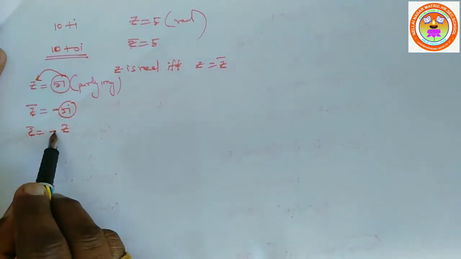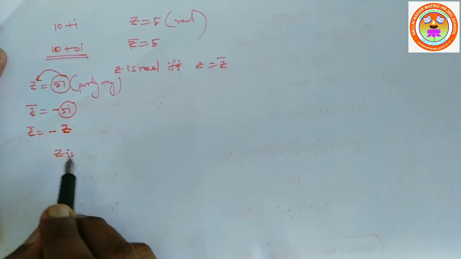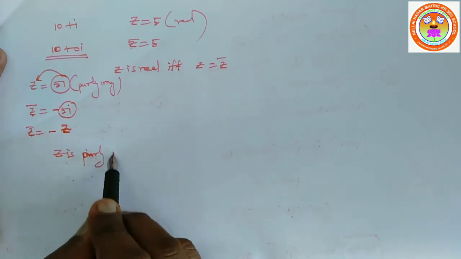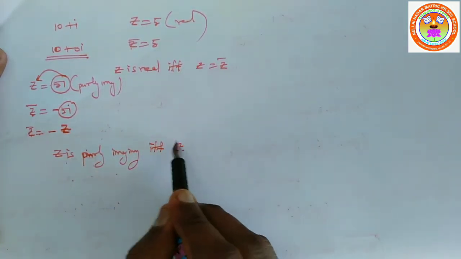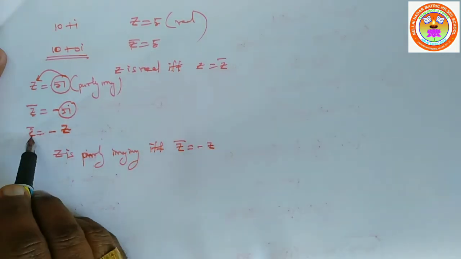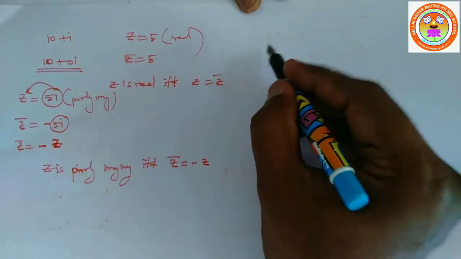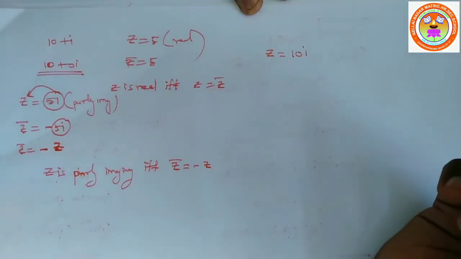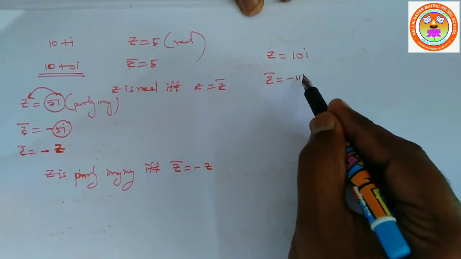Z bar is equal to minus Z. So how can I write? Z is purely imaginary if and only if Z bar is equal to minus Z. I can give you one more example also. Z is equal to 10i. What will be Z bar? Minus 10i.